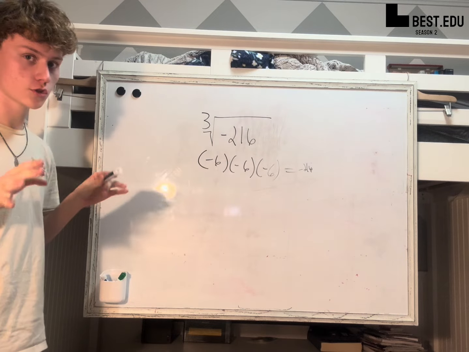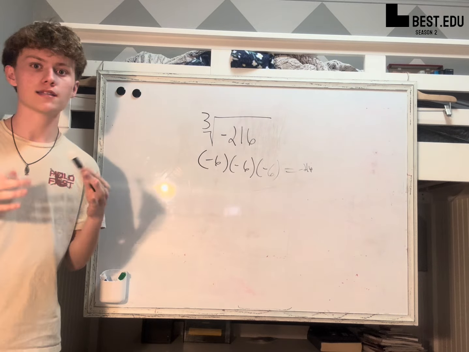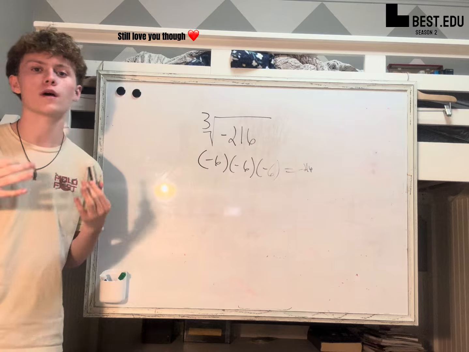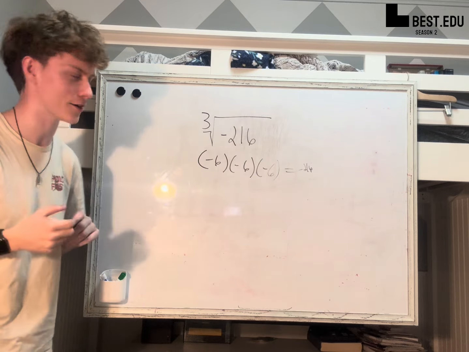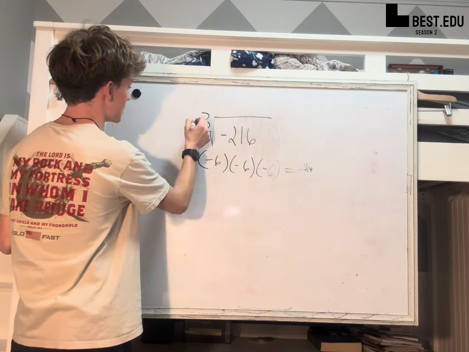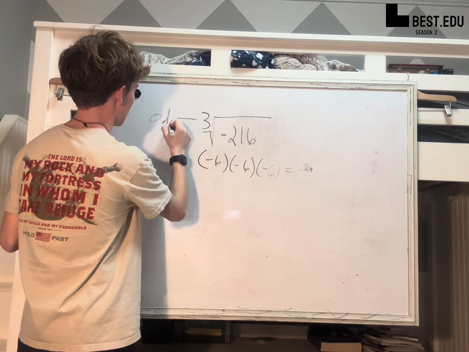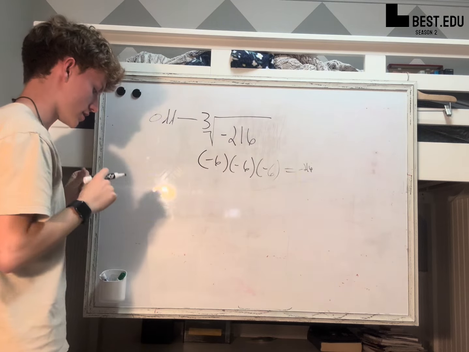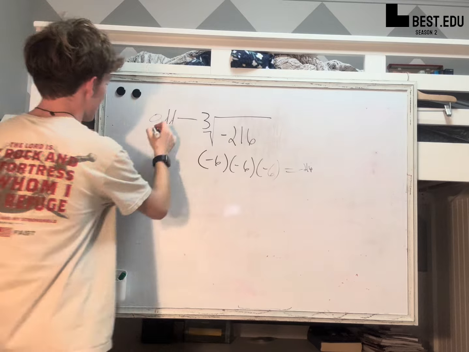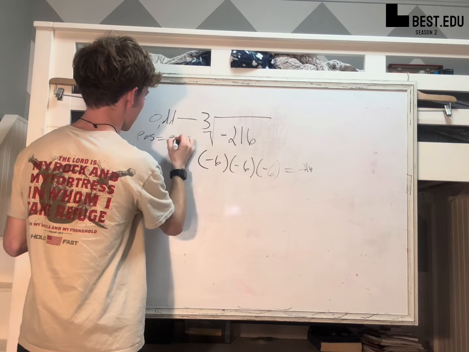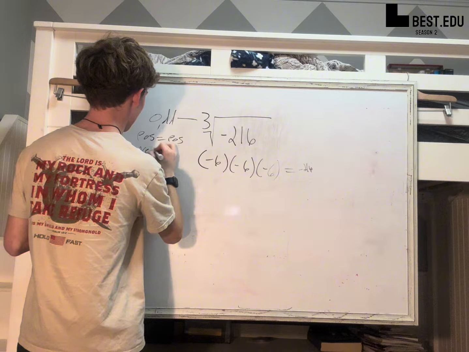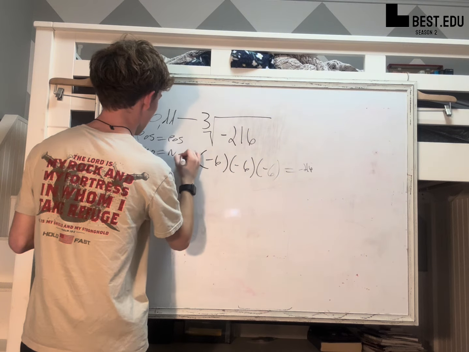So I want to show you a trick that I think my teacher kind of messed up on and didn't quite explain perfectly. And hopefully I can explain this a tiny bit better. So because this is odd, it has a rule, right? That positive is positive and negative is negative.